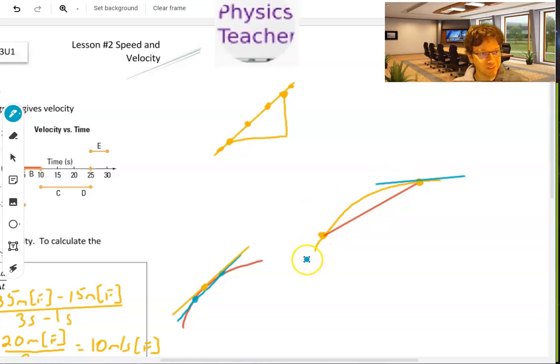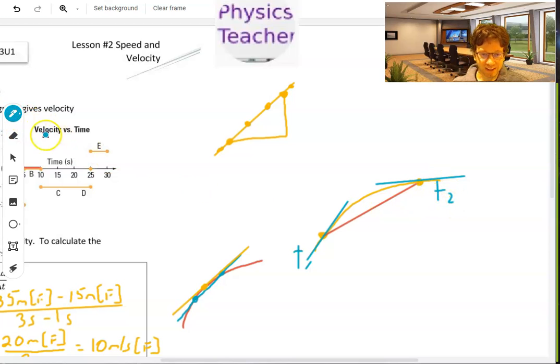But again, if I wanted to find instantaneous velocity at t1, I would draw a tangent line. It's not the best tangent. Try that again. Tangent line, still not the best, but hopefully you get the idea. So this first blue line is our tangent at, let's say, t1. And the second blue line is our tangent at t2.